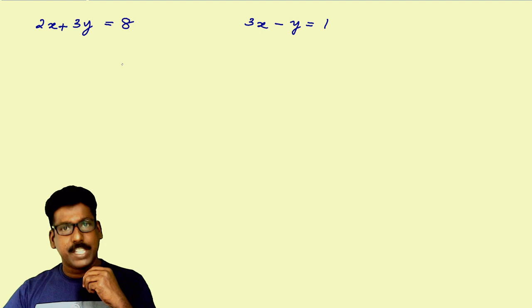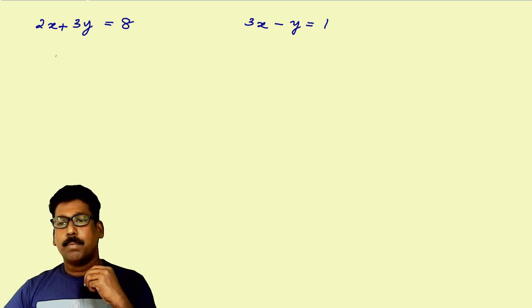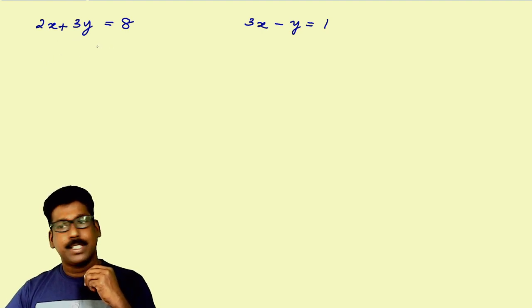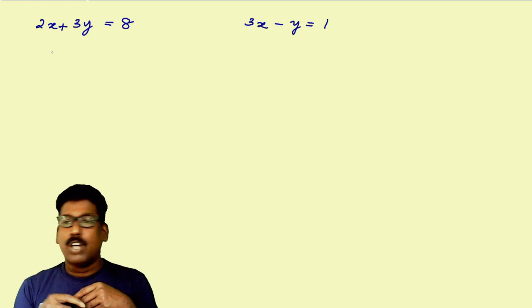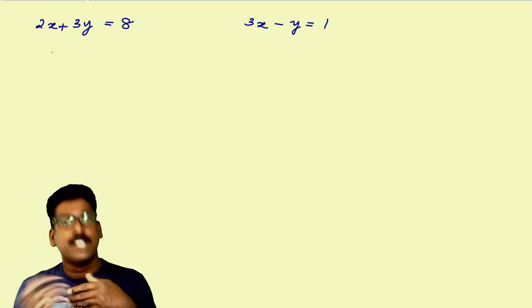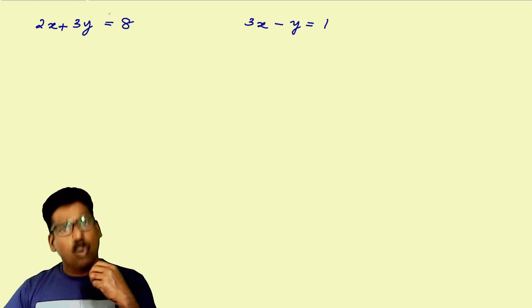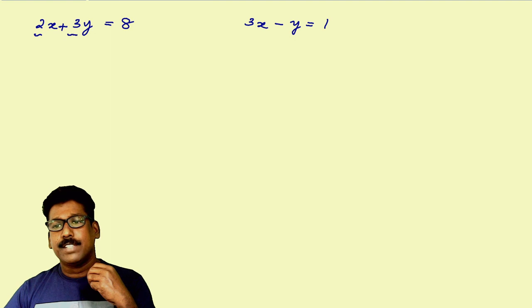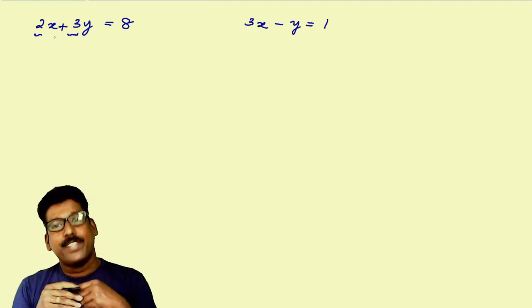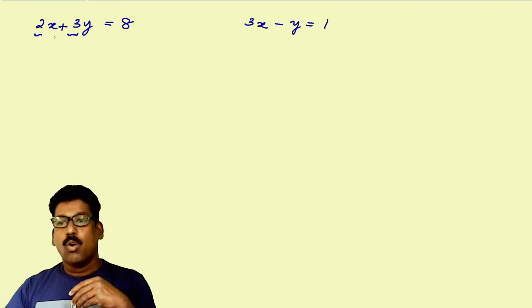Let me take the first equation, 2x plus 3y is equal to 8. Here you have to get some values of x and y which satisfy this equation. For convenience, look at the coefficients here. Here it is 2, here it is 3. By which coefficient is it easy to divide? Of course it is by 2.